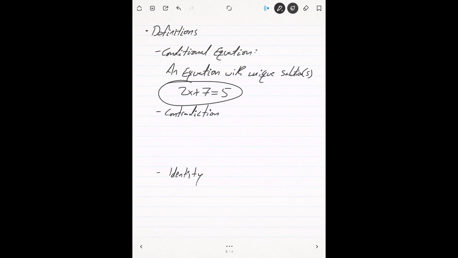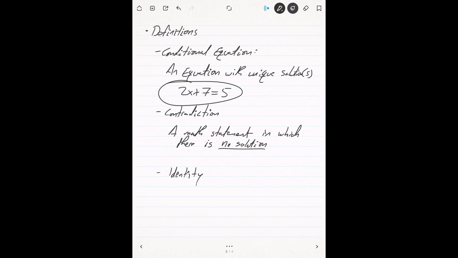Let's talk about some other cases you might come across, some less obvious cases. The first one I want to talk about is a contradiction. This is a mathematical statement, sometimes referred to as a mathematical sentence, in which there is no solution.